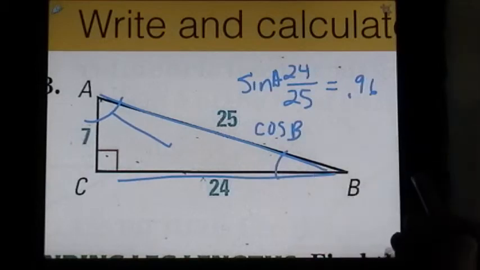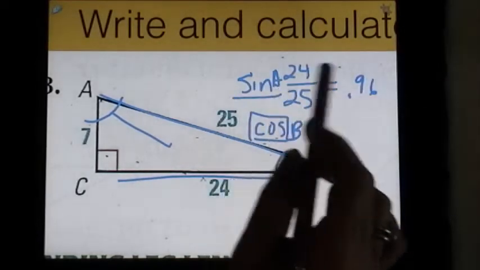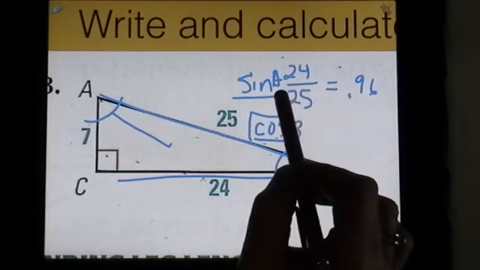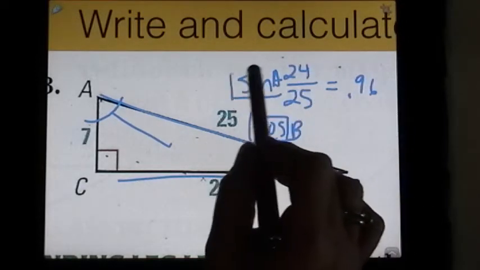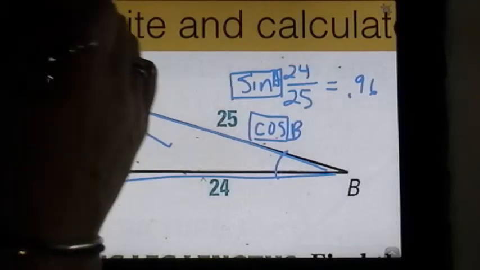So you're going to find that some of these ratios are the same, they're called by different trig function names, but from another perspective the cosine is equal to the sine of the other angle.